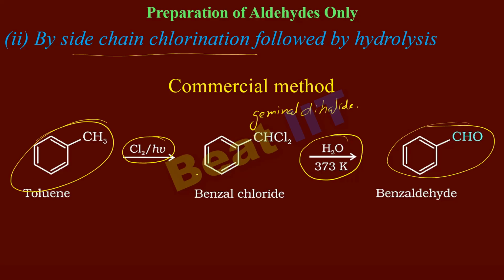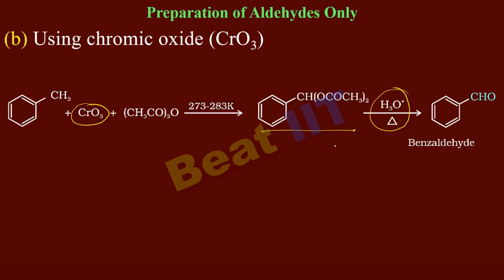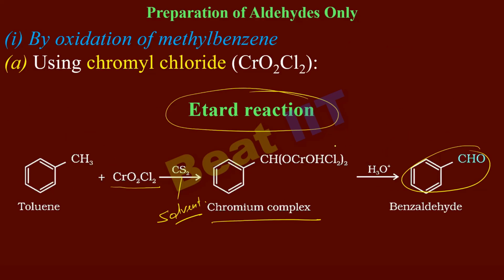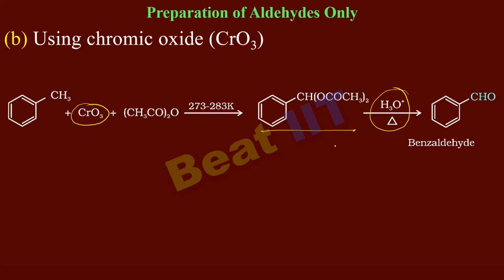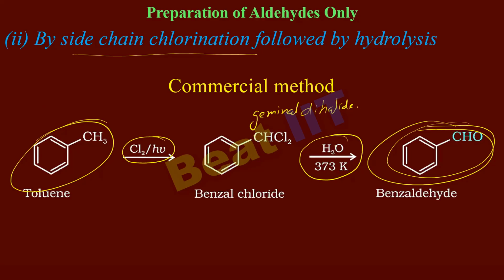So reactant and products are same, the conditions are different, and it is commercial method. In last three cases, using chromyl chloride, toluene to benzaldehyde, then using chromic oxide, toluene to benzaldehyde, then by side chain chlorination followed by hydrolysis, toluene to benzaldehyde. Conditions are different in these three cases.